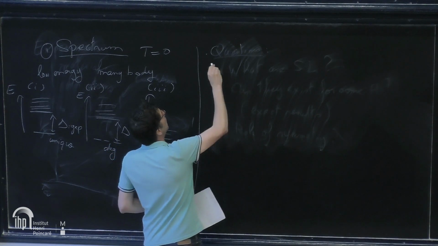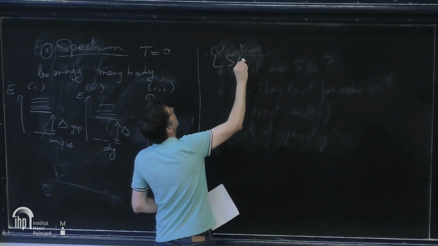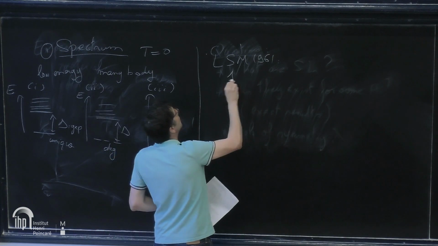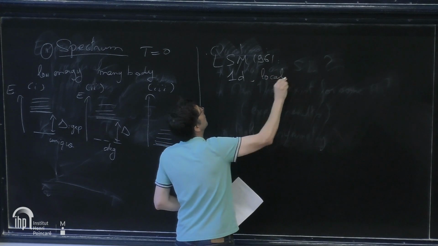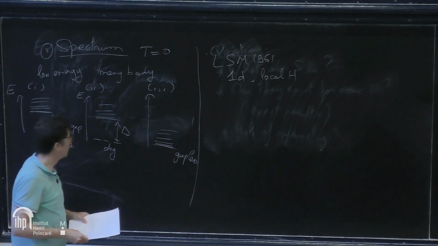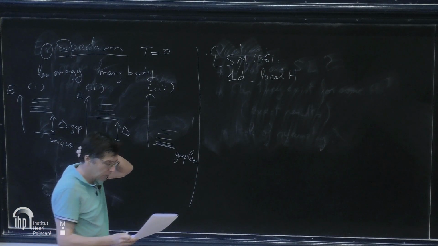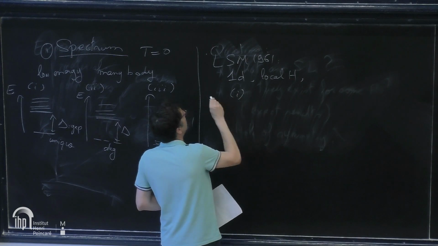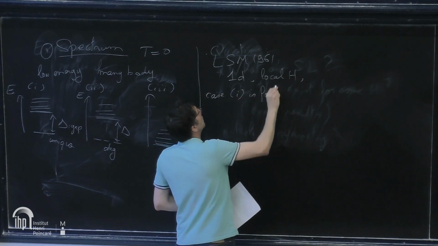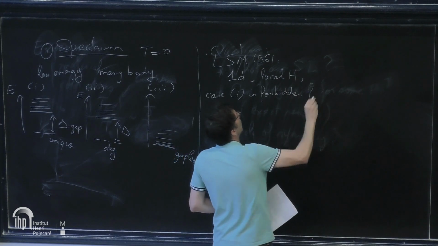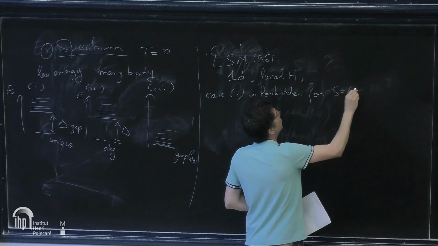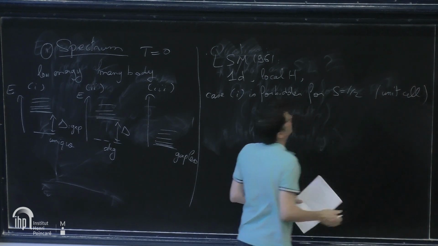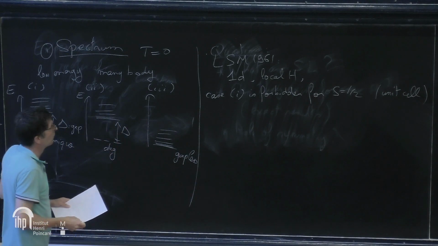Now, to answer Anatoly's question, there has been a lot of progress. Actually, it dates back to Lieb-Schultz-Mattis, 1961. They showed that in 1D, with a local Hamiltonian, everything is local in my talk, case I is forbidden for half-integer spin per unit cell, let's say spin 1/2.